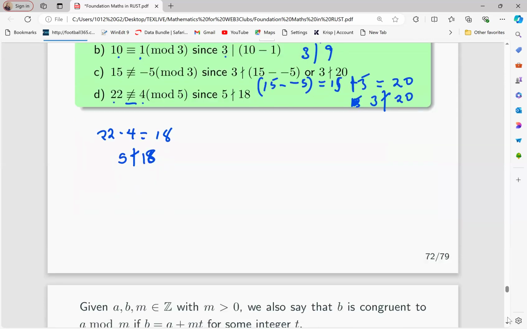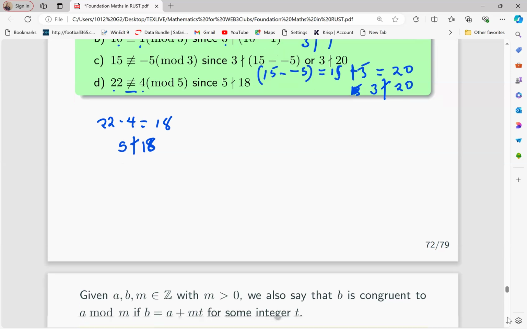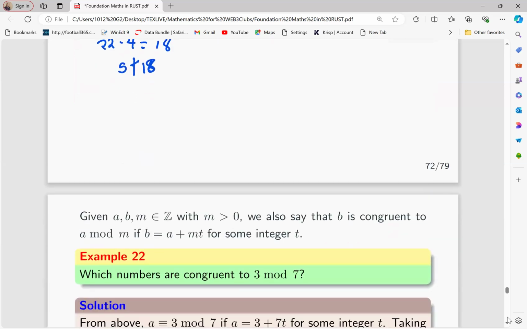Now, how do we get numbers which are congruent to another one? That is what I want to look at. How do we get a number that is congruent to another? Numbers that are congruent to 3, for example. Which numbers are congruent to 3 mod 7?